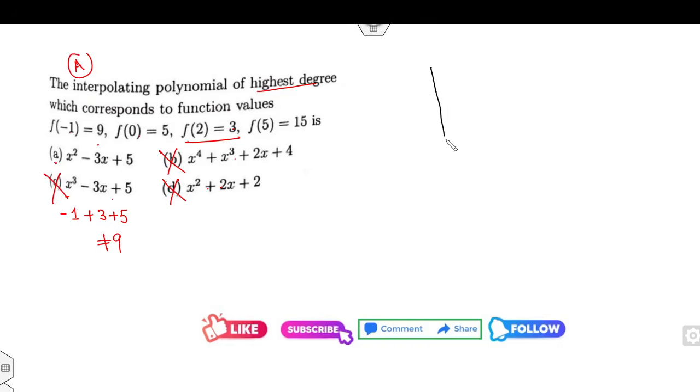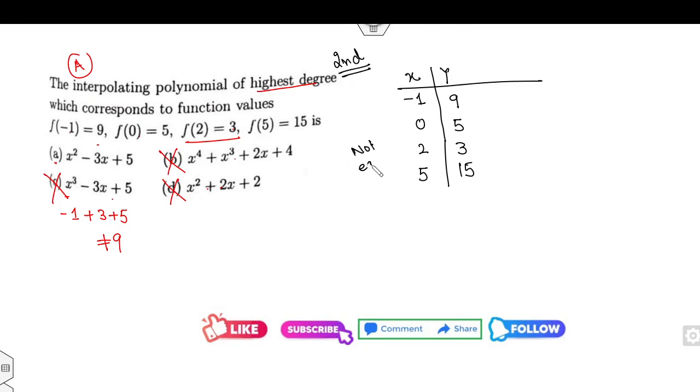But if you want to write it as a polynomial, you can see the values of x are minus 1, 0, 2, 5, and the values of y are 9, 5, 3, and 15. This is the second method. Now you can see they are not equally spaced.